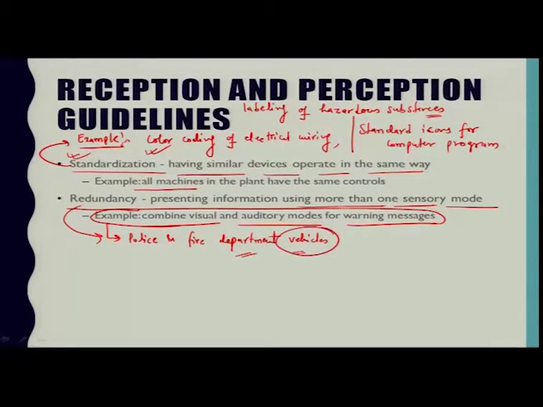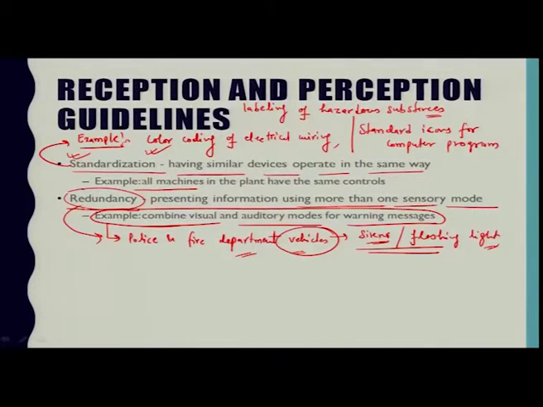Those vehicles use sirens and they also use flashing lights. So, at the same time both things are happening. You can take this combination of visual and auditory modes as an example of redundancy.